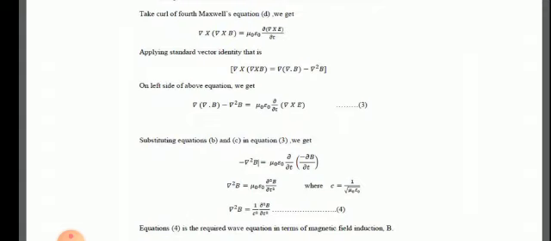So del square B is equal to mu naught epsilon naught dou square B by dou t square, where c is 1 by root of mu naught epsilon naught. Hence the wave equation becomes del square B is equal to 1 by c square dou square B by dou t square. The above equation 4 is the required wave equation in terms of magnetic field induction B.